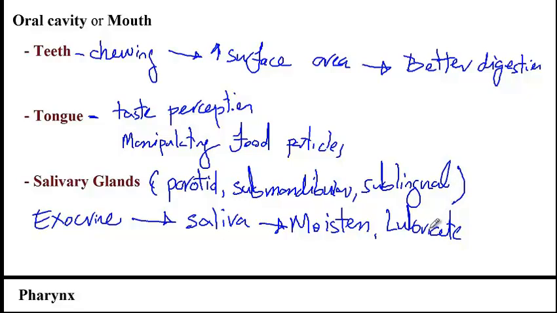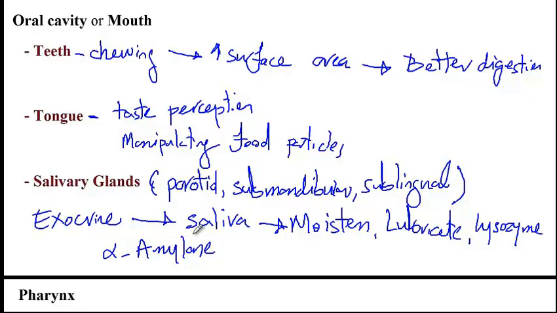It also contains lysozyme that will help kill the bacteria. And then in addition, the saliva contains the alpha amylase enzyme that will break down the carbohydrates. And so basically the breakdown of glucose molecules in the starch and other polysaccharides starts in the mouth.